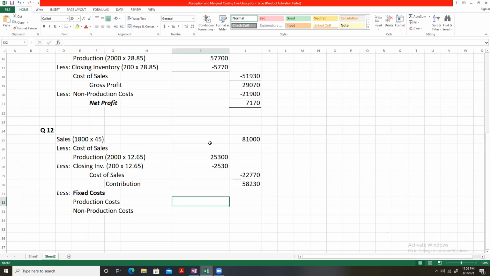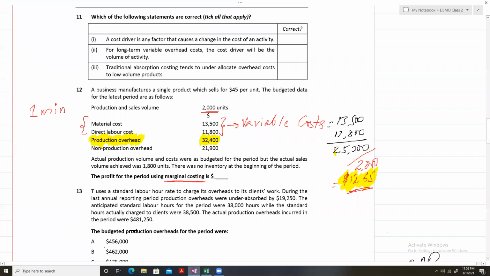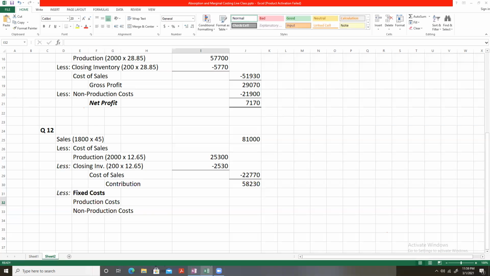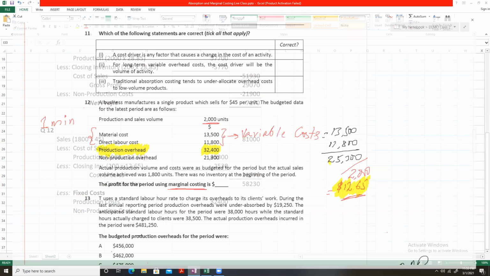How much are the production costs? Production overheads are 32,400. Non-production overheads are 21,900.